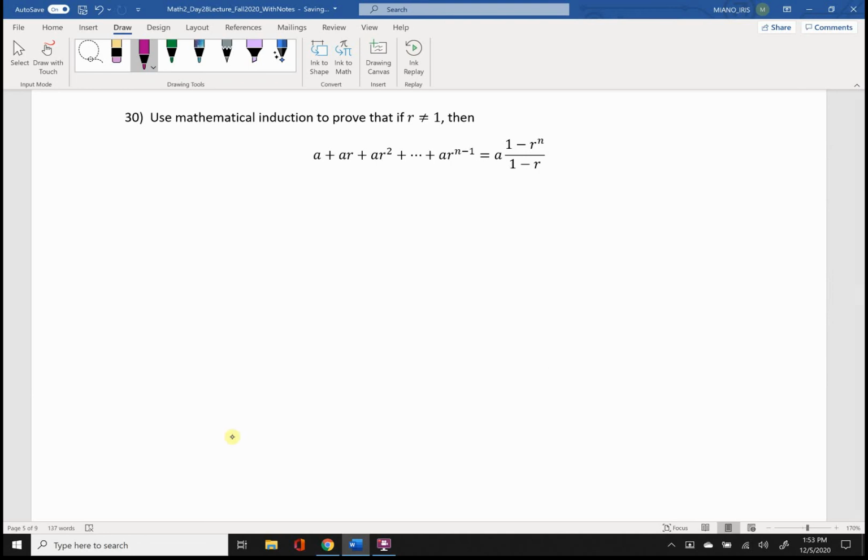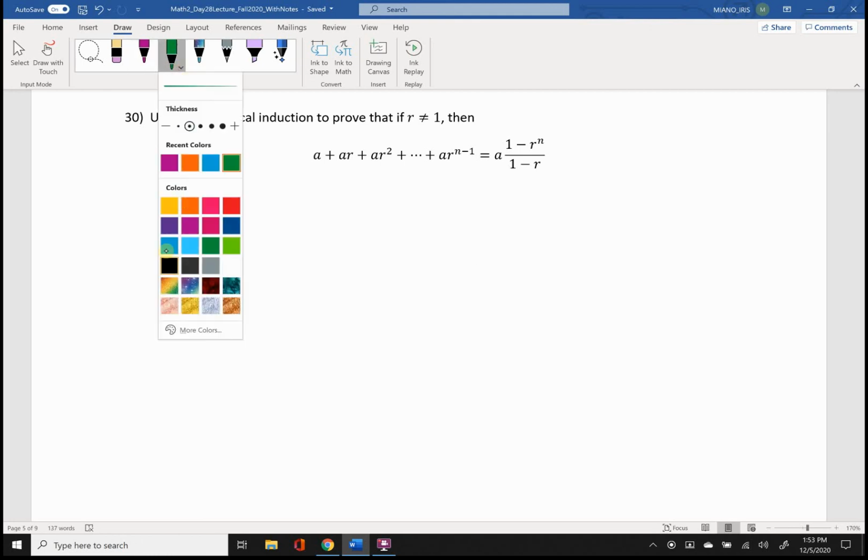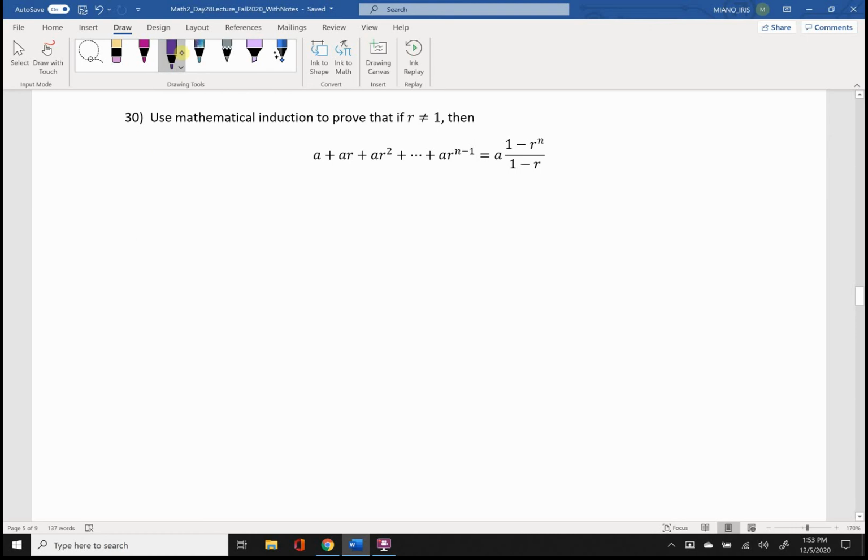Okay? So notice that we have the sum here, and we are given that last term, and that's going to give us the structure to be able to show that the first, n equals 1, case is in play. So that's going to give us our step 1. One thing that we want to note here is, and I want to switch up the colors just for funsies, let's go this dark purple, that we're given a stipulation that r cannot equal 1.